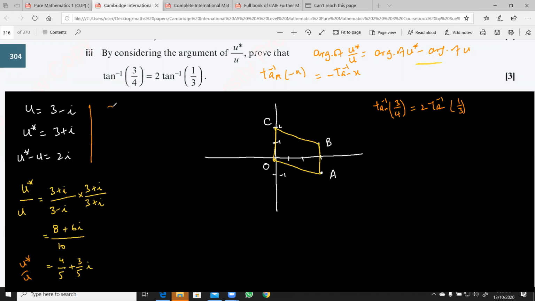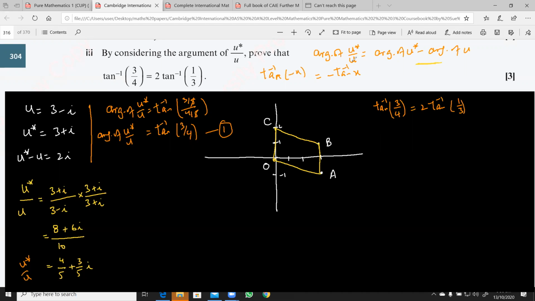So as it is, can I say argument of u star over u is tan inverse of b over a? Yes? You see the fives are cancelled? So that is tan inverse of 3 over 4. That is the argument of u star over u. That is our first relation here.